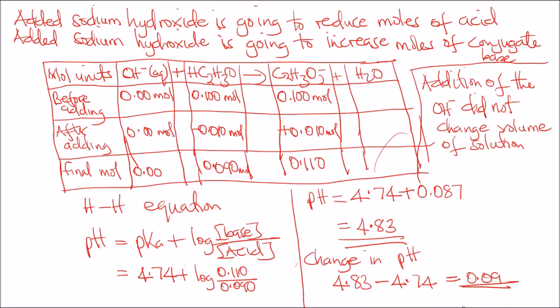Now, if you want to compare with a situation where you don't have a buffer solution, the change will be really, really huge. If you just dissolve 0.01 moles of sodium hydroxide in one liter of water, the change will be huge.